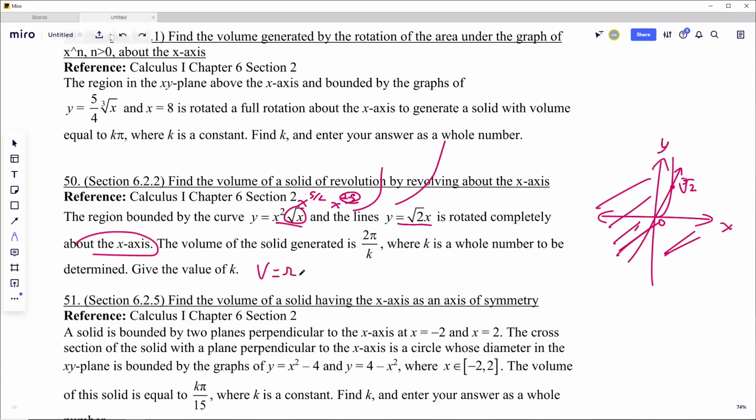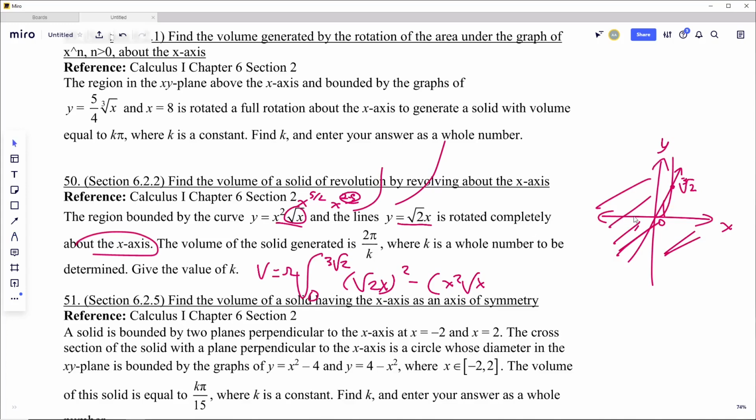Anyways, so 0 to the cubic root of 2, and here is the upper one, so it's going to be the line. So this squared minus the other one, x squared square root of x. Why am I not subtracting anything else? Because we're subtracting from the line of rotation, which is 0.